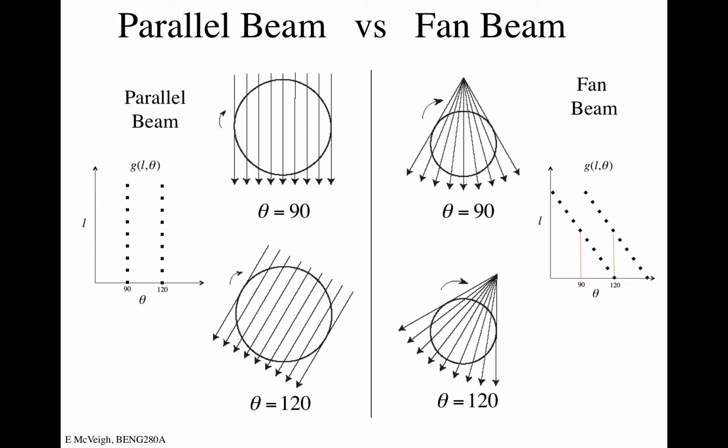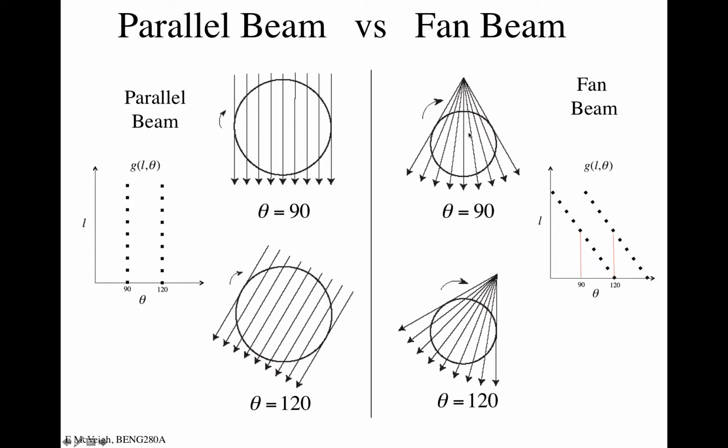They just progressively change their angle. So instead of everybody being at 90, I'm going to start at 90 minus 30 degrees to 90 plus 30 degrees. And so this one here would be 90 plus 30 degrees. It would be over here, 90 minus 30 degrees here. And so that is how I'm sampling G of L theta with a fan beam.